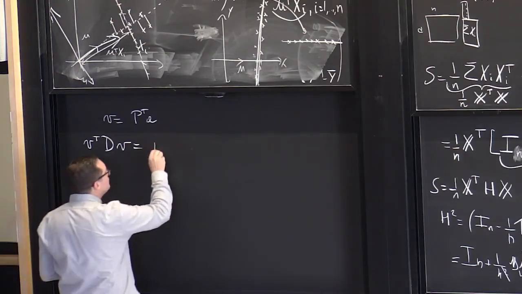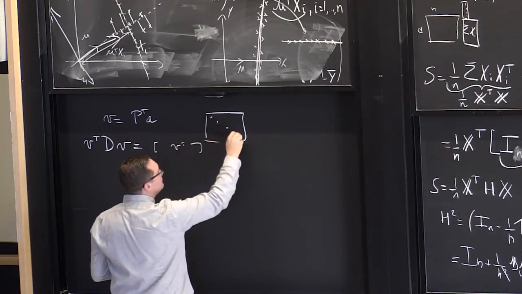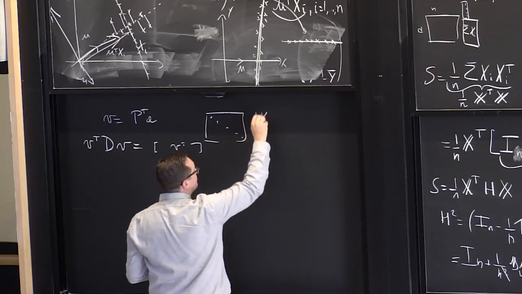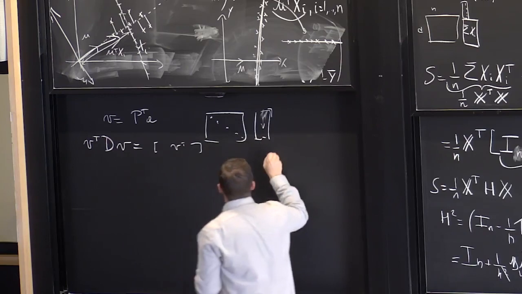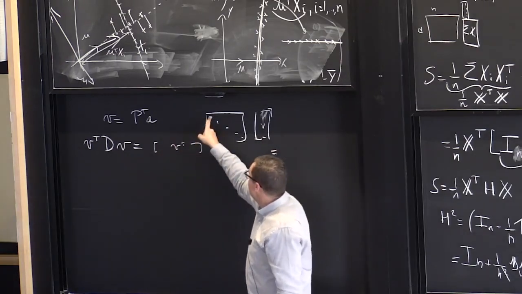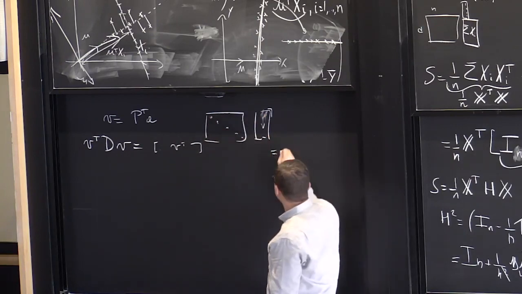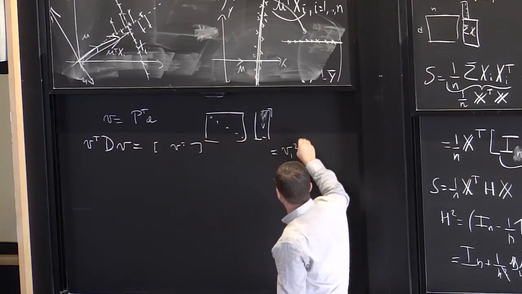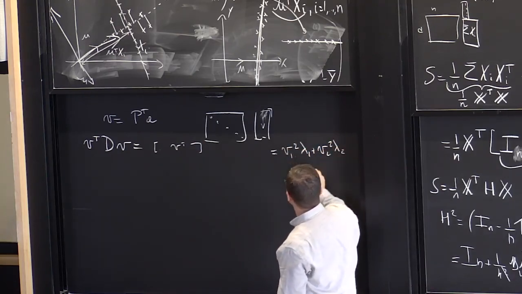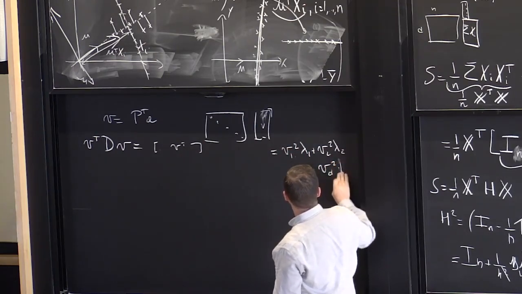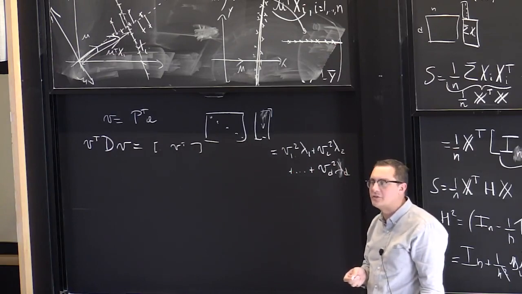So it's going to be V transpose times your diagonal matrix with only things on the diagonal times V. What's happening when I do this is that I get V1 squared times lambda 1 plus V2 squared times lambda 2 plus Vd squared times lambda d. Agreed? This is what happens when you pre and post multiply a diagonal matrix.